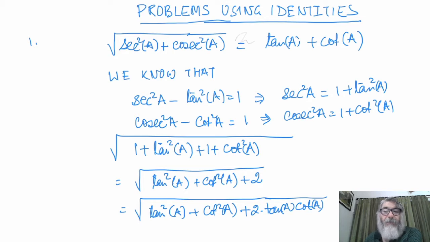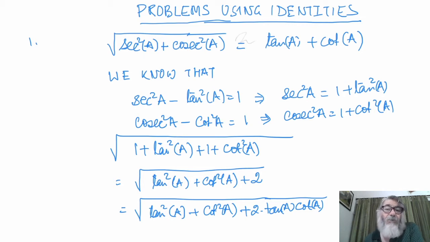So in place of tan A, if I write 1 upon cot A, it will cancel. So you are changing nothing in the equation except manipulating. As we told you in the very beginning, in trigonometry a lot of manipulations will be there, and you will get all those manipulations only after doing practice.